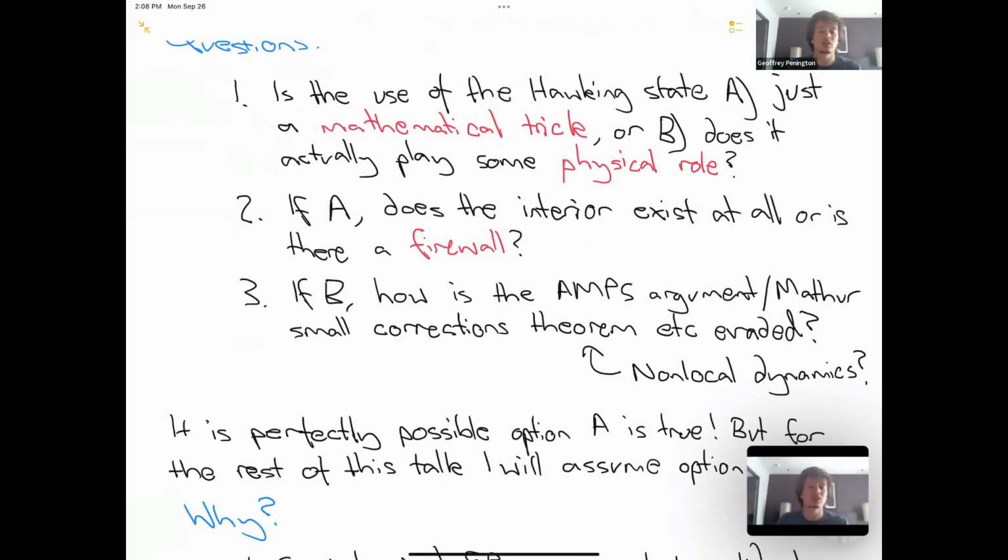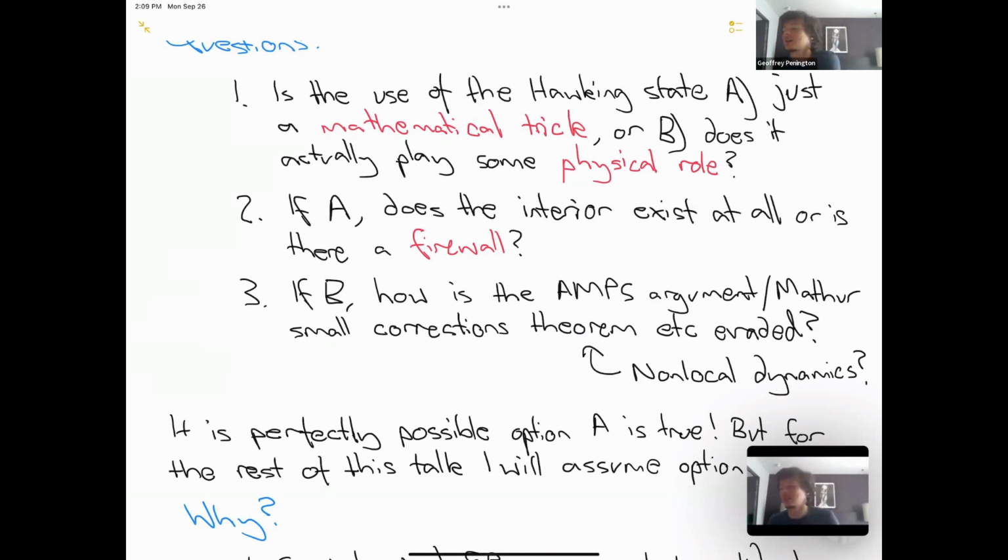Okay, so I don't think we know whether the answer here is A or B. I think it would be very hard to know because it's less a question about the mathematics of quantum gravity and more a question about how you interpret that mathematics into observable experiences. And that is hard to determine without jumping into a black hole yourself.